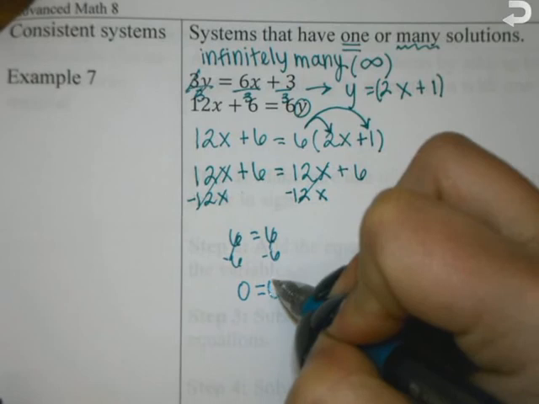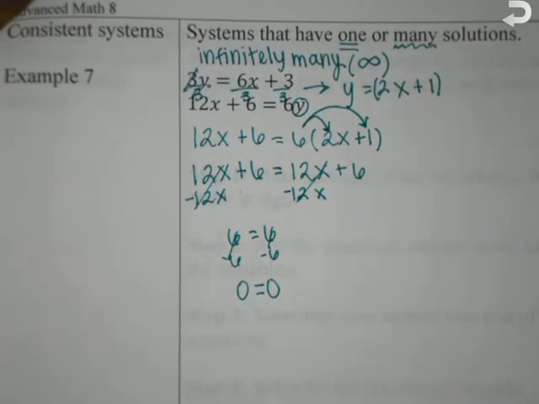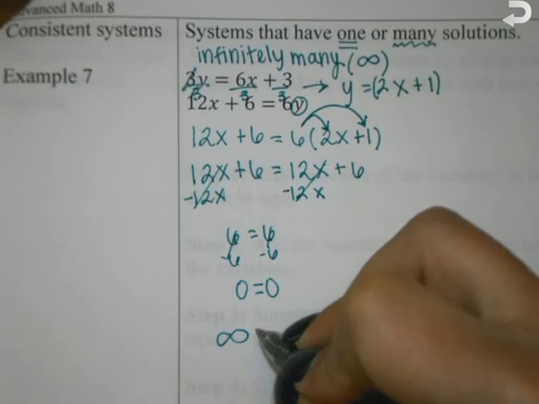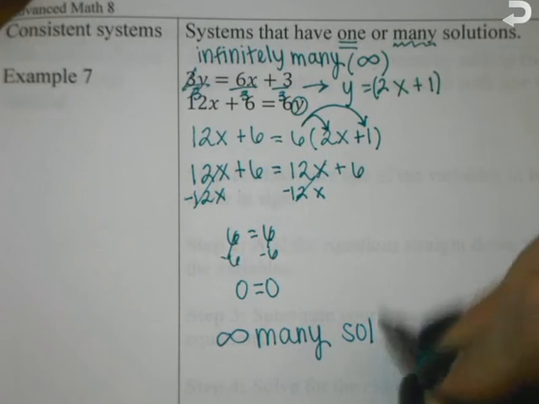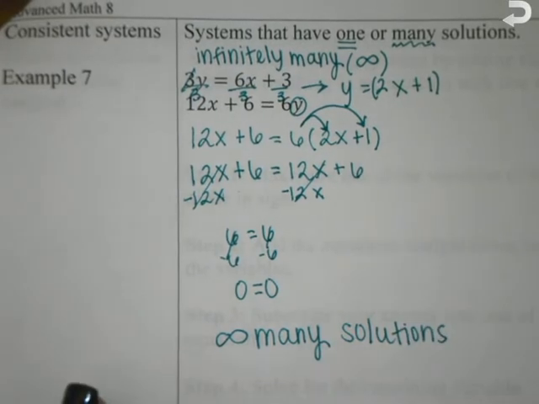Does 0 equal 0? Yeah. So we would say that this system has infinitely many solutions. It is a consistent system. What this is saying, so this would be your answer, infinitely many solutions.